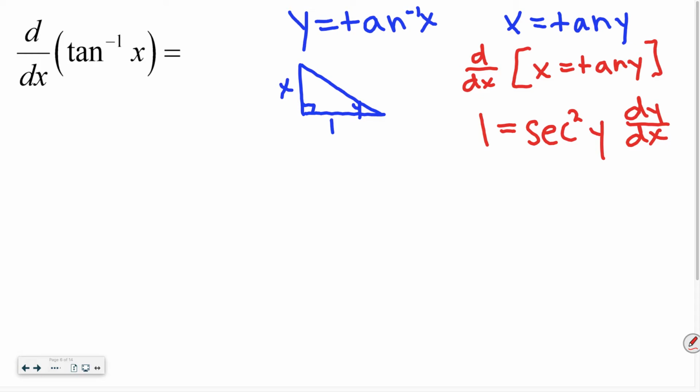Okay. So, dy dx is 1 divided by secant squared y. Is there a prettier way to write 1 over secant squared y?